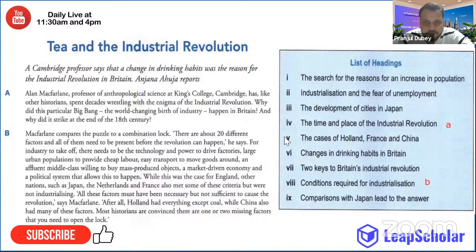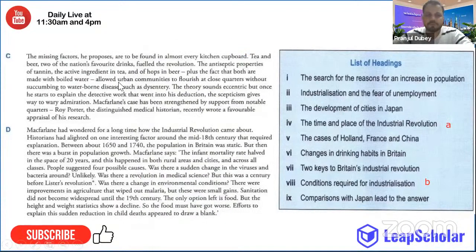Very good. So now, come on, guys. For C, people are saying 7, change in drinking habits in Britain. Okay, I don't know. Maybe. All right. Okay. Answers for C. Come on. You have some time to read.